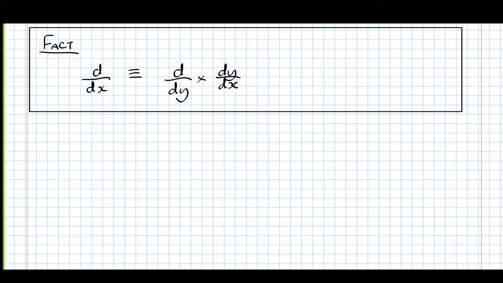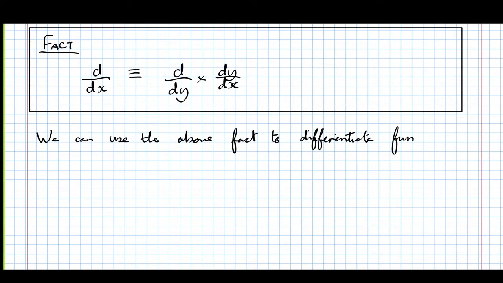So let's say we've got a function. So we can use the above fact to differentiate functions that are implicitly defined.